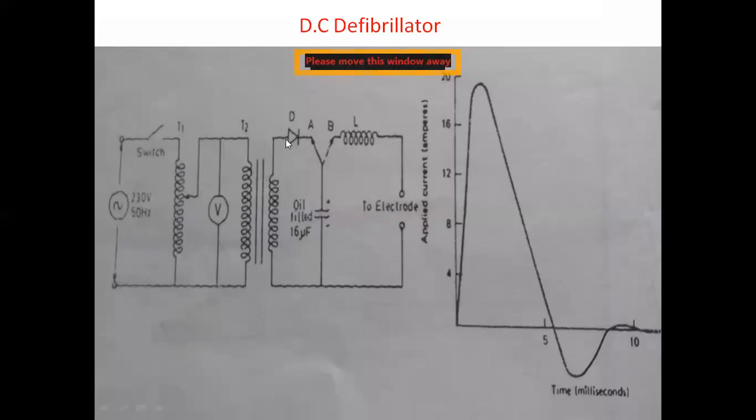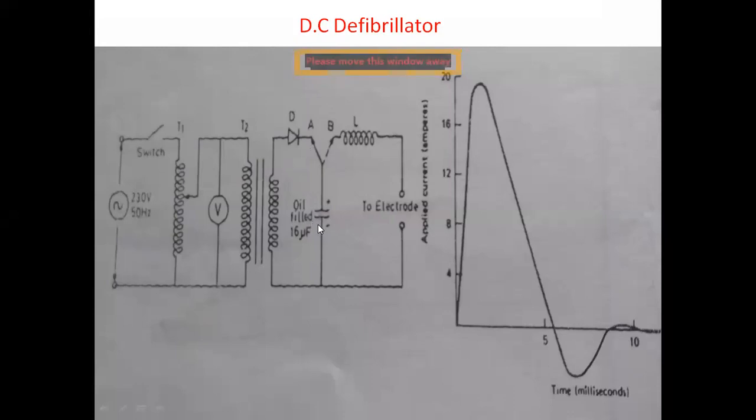Okay, so this is a diode, and in this case it is in forward bias. Okay, it allows only positive half cycles. And when the switch is connected to the diode, the current will flow through the capacitor, the oil filled capacitor.